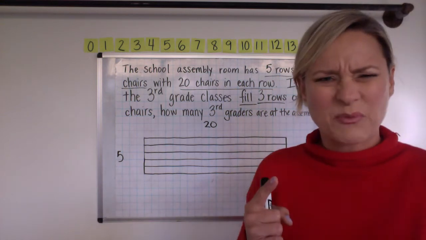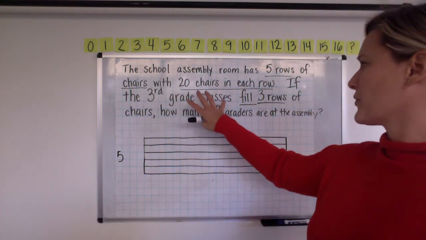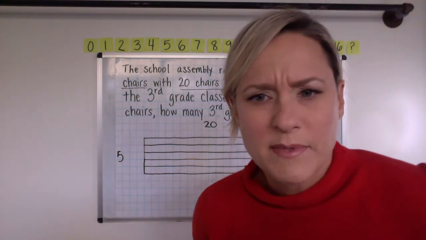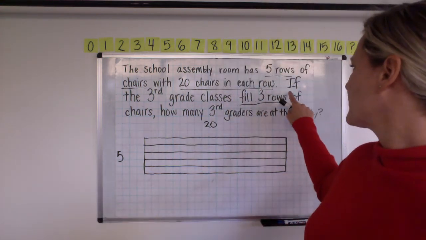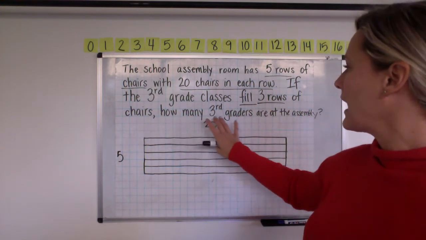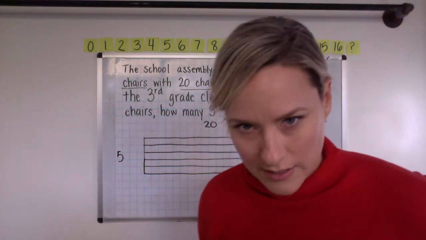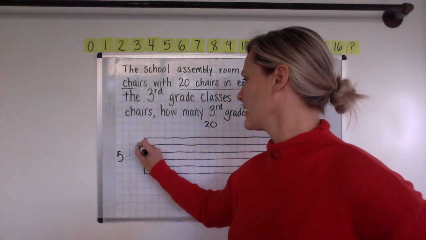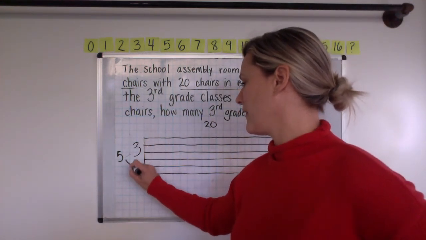But the main thing is we have to figure out, if the 3rd grade classes fill 3 rows of chairs, how many 3rd graders are at the assembly? Okay, so the 3rd graders are only going to fill up 3 out of the 5 rows.